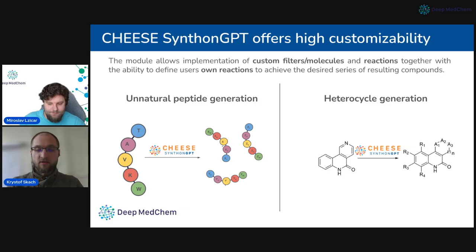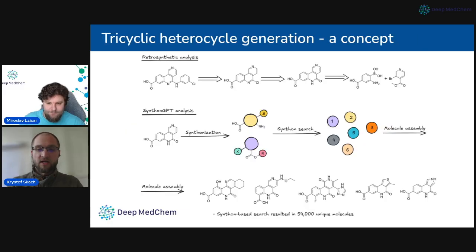And it's possible very easily to create such a demonstration, or such proof of concept, when we retrosynthetically analyzed the molecule of interest and then searched for the respective building blocks which compose this crucial building block.